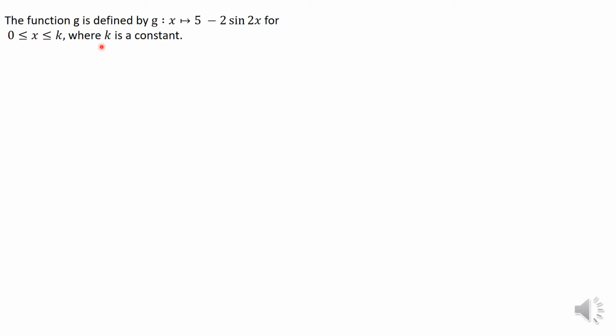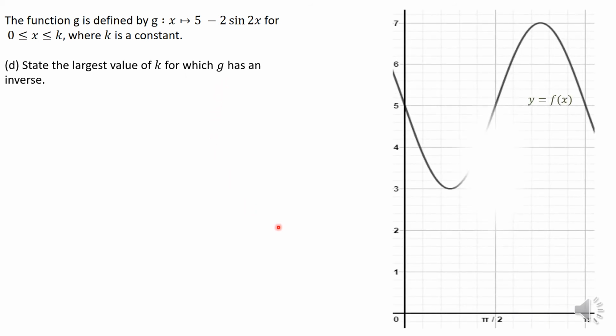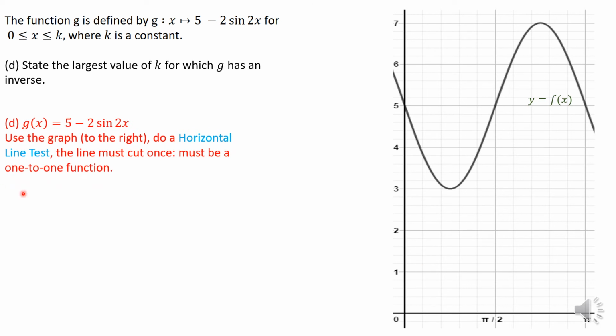Right, that other part where they say the function is defined and where k is a constant, and they want you to find the largest value of k for which that g would have an inverse. So let me just bring back that graph again. I'm saying you're going to use that graph and then you're going to do a horizontal line test. The line must cut only once, okay? So for example, if I was drawing that line here, you see that it will cut the function at 2 places here in the given domain.